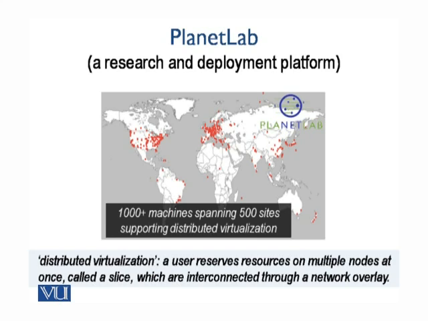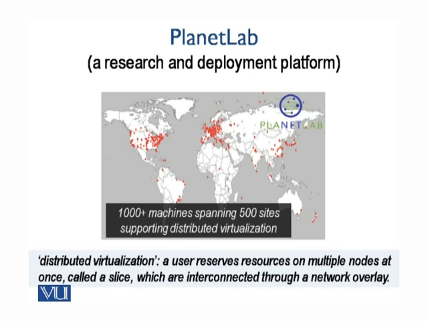So they can actually see before they deploy their application on the internet what the performance is going to be on a real network of the proportions of the internet. So this concept of distributed virtualization is very important, and this is a very hot topic.